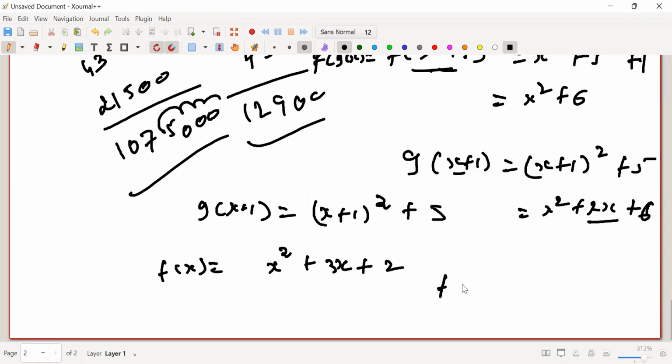I want f of f. First f of f போடு, அது முடிச்சதுக்கு அப்புறம் f of f போட்டுரு, பரவாயில்ல.